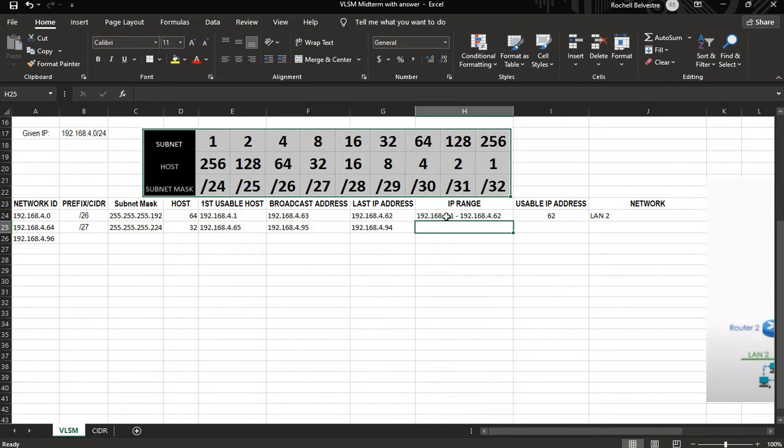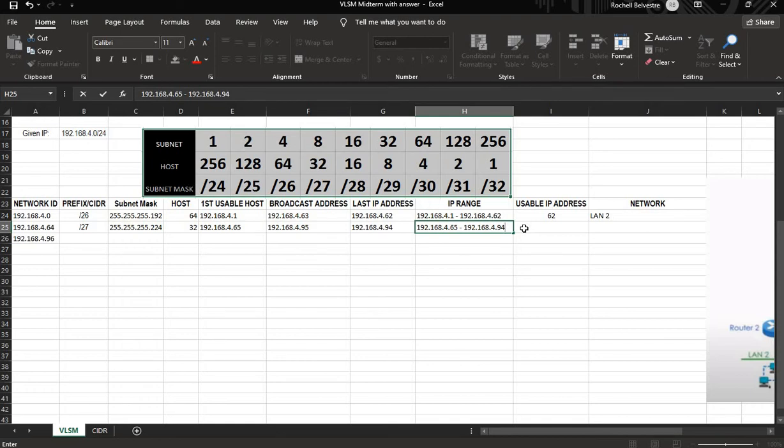As you can see in our previous column, we got 192.168.4.1 as the first usable IP address and 192.168.4.62 as our last usable IP address. In this case we have 192.168.4.65 as our first usable IP address to 192.168.4.94, the last IP address. And how many usable IP addresses in this case?